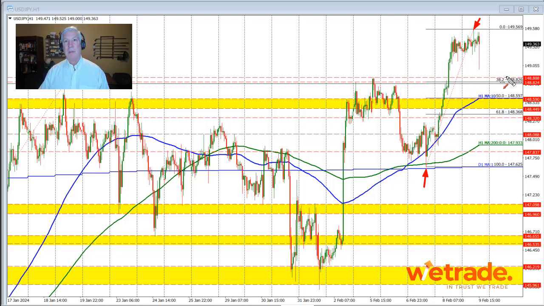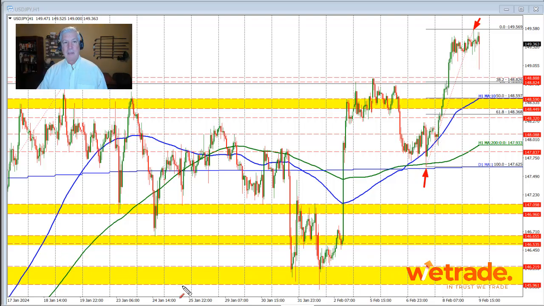We're going to need to get back below the 148.88 to 148.80 level to give the sellers more confidence that this break to new 2024 highs is a false break. Otherwise, the buyers stay in control.